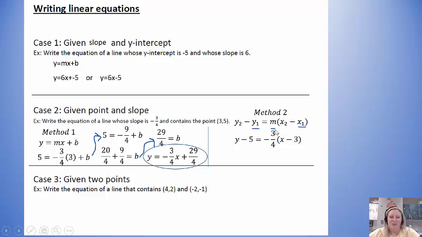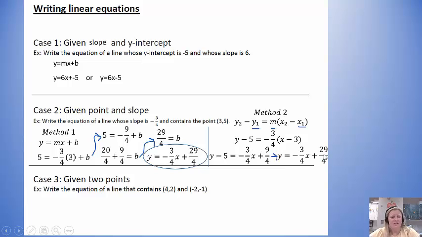But just for the sake of practice, let's pretend that they said, present your answer in slope-intercept form. So we're not quite there yet. My next step would be to distribute -3/4 times x, -3/4 times 3. And then all I would need to do is add my 5 over. I'm trying to get y by itself. That's what it means to be slope-intercept form.